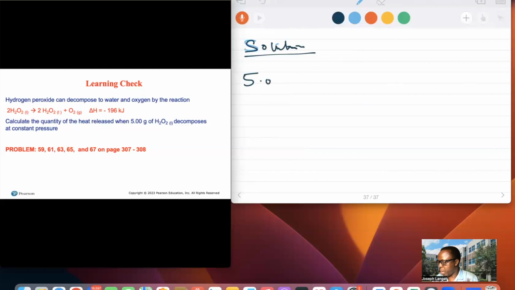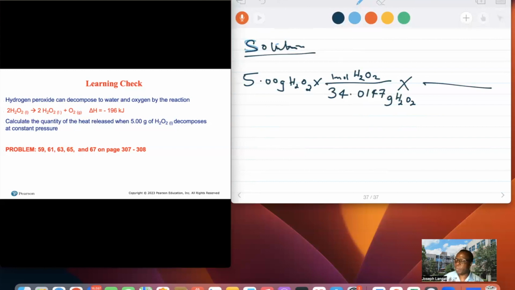Convert the given grams of hydrogen peroxide to moles of hydrogen peroxide. The molar mass of hydrogen peroxide is 34.0147 grams per mole, H2O2.